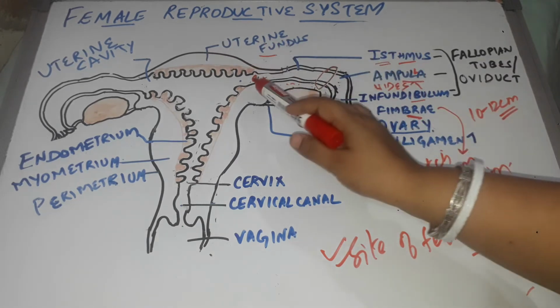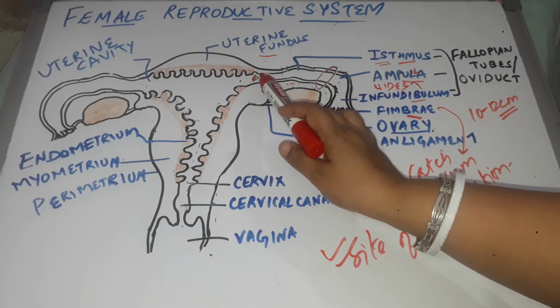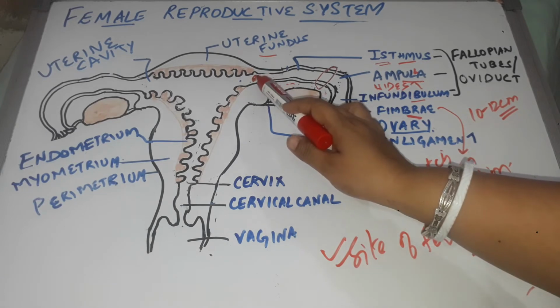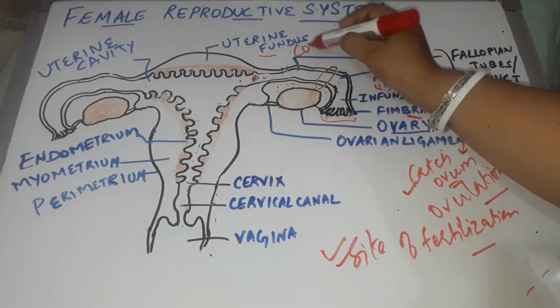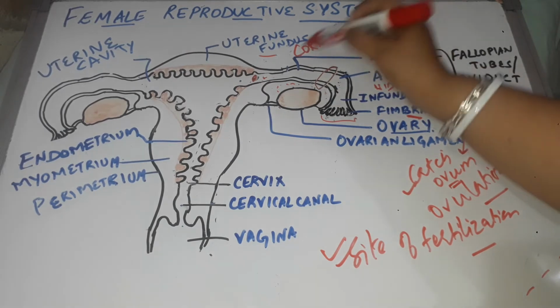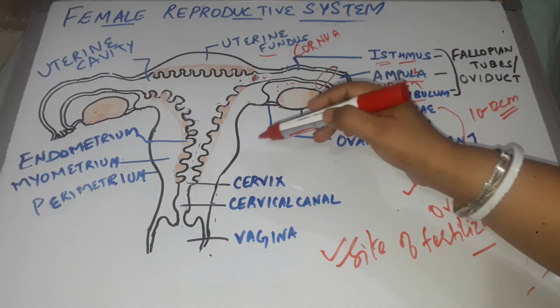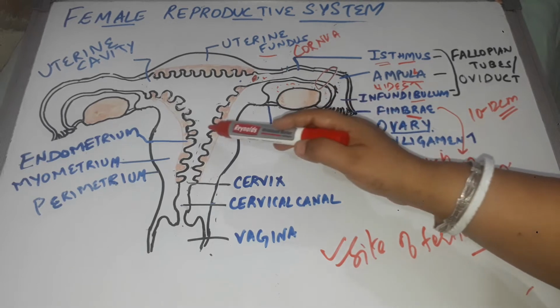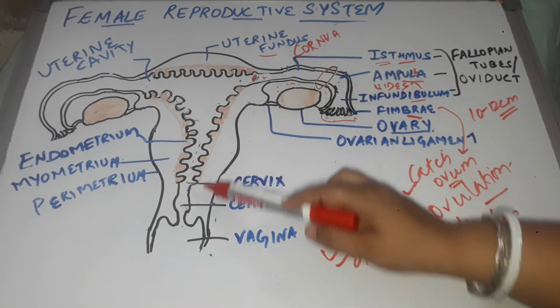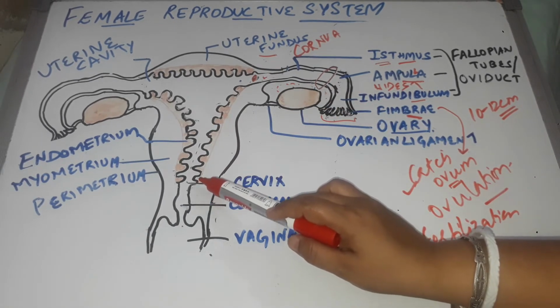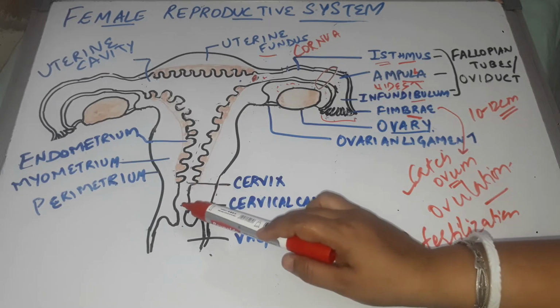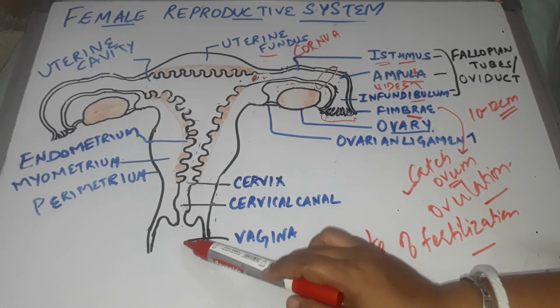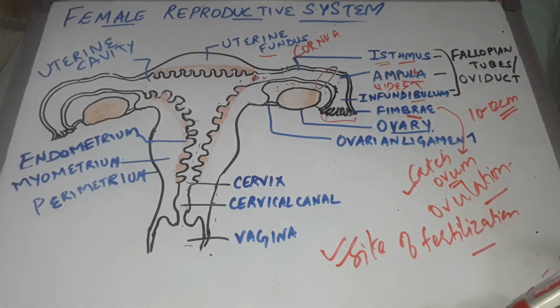Here the uterus communicates at corners with the fallopian tubes, and this part is called cornua, and the rest of this is known as the body of the uterus. The uterus communicates with the exterior through a small portion which is called the cervix. This is led by the cervical canal, which opens into the next part, that is the vagina.